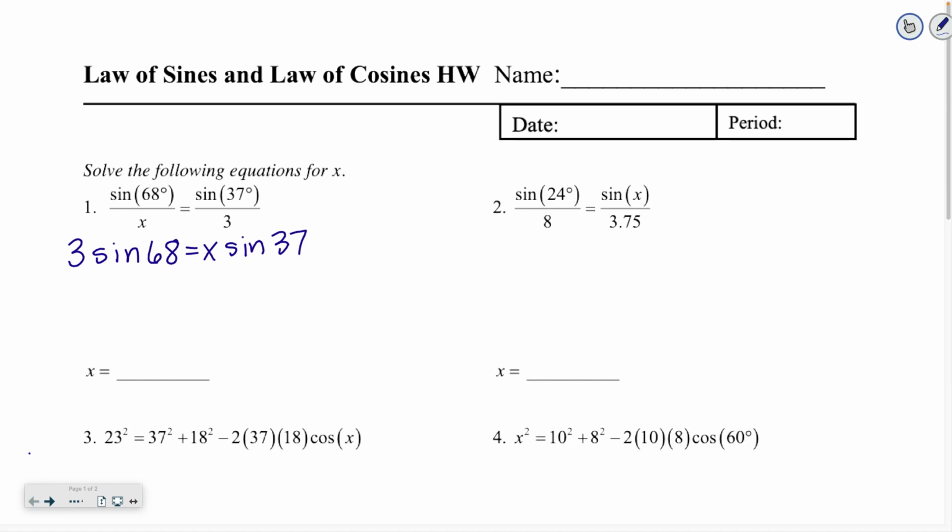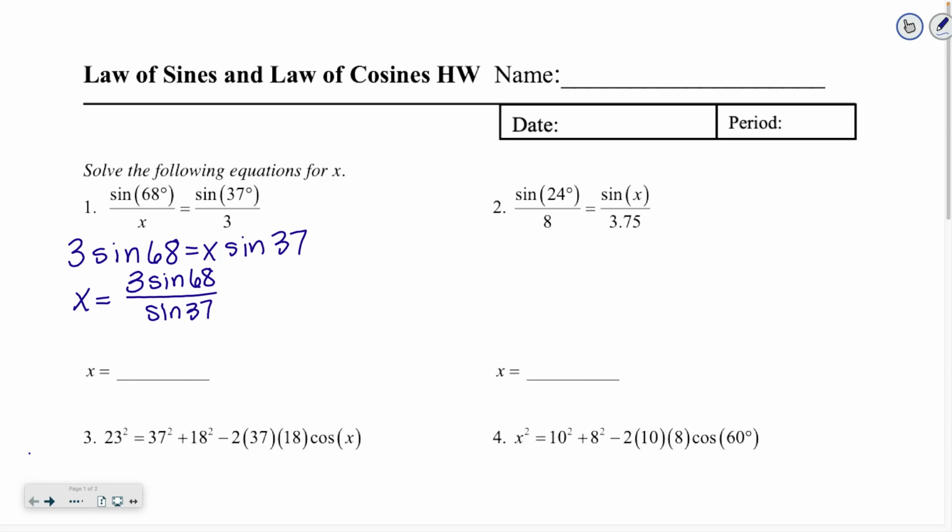Are we looking for an angle measure or a side length? A side length. So we're not using inverse sine. We're going to divide by sine 37, so x equals 3 sine 68 over sine 37.